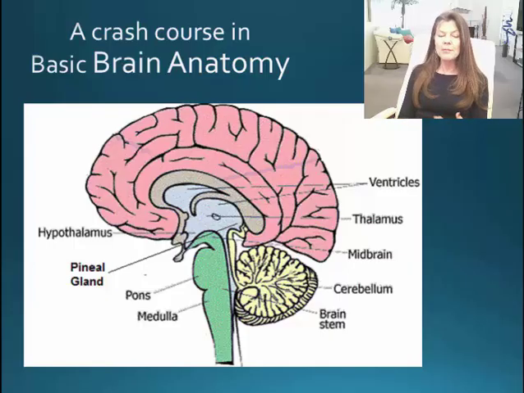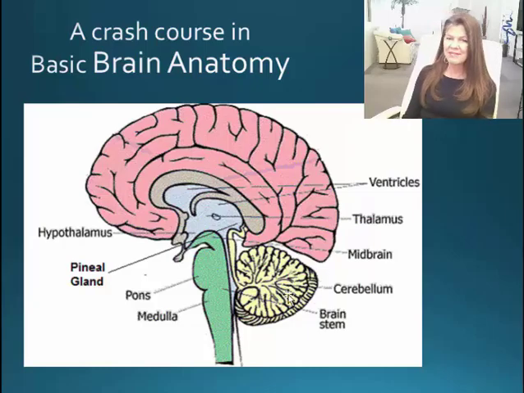In fact, damage to the reticular formation that leaves the sensory system pathways intact but not functioning can result in a permanent coma state. The yellow mass just behind the brainstem here is the cerebellum, meaning the little brain, cerebellum.